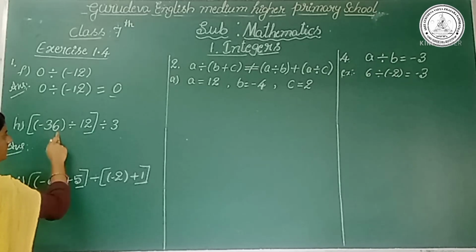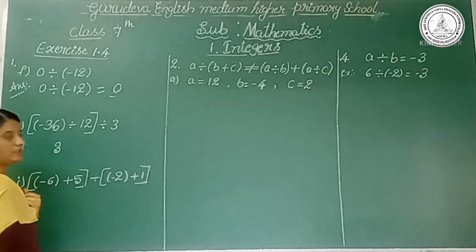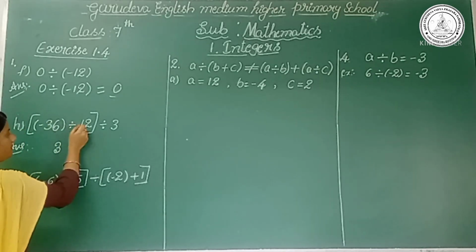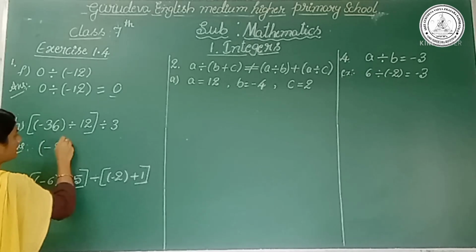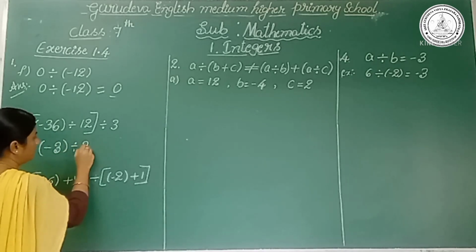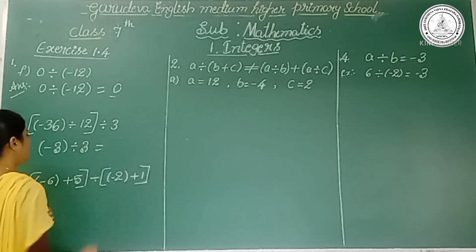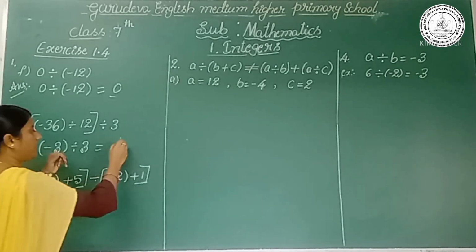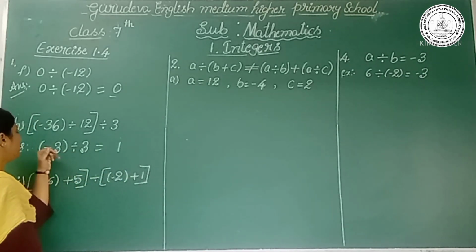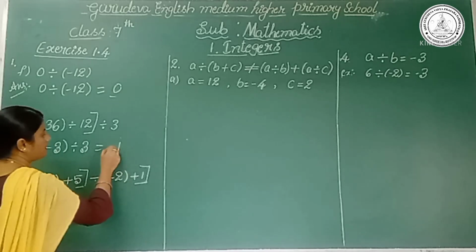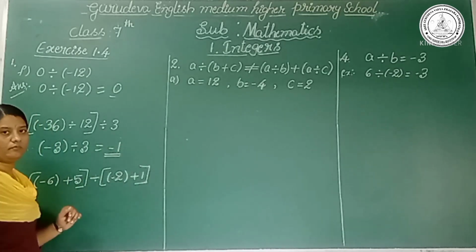So 12 how much are 36? 12 3s are 36. Then minus divided by plus is minus. Divided by 3. Then 3 how much are 3? 3 1s are 3. Then minus divided by plus is minus.